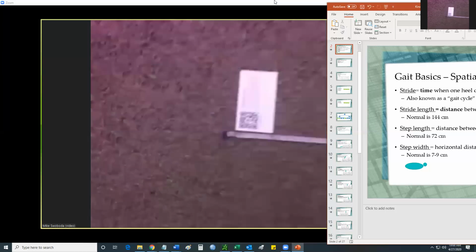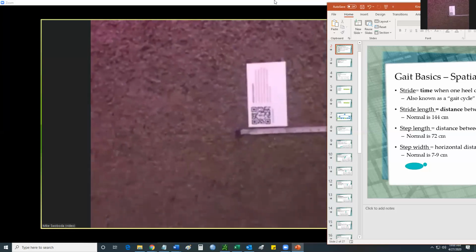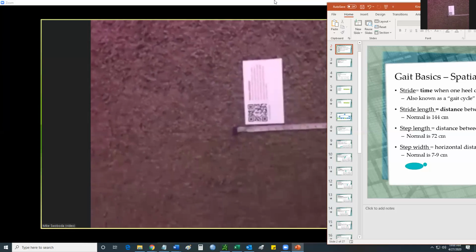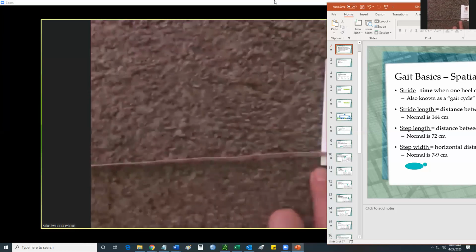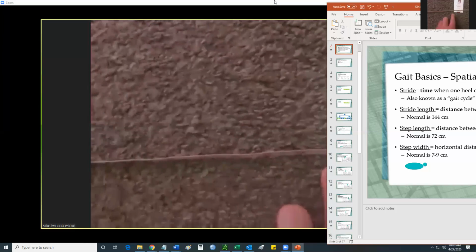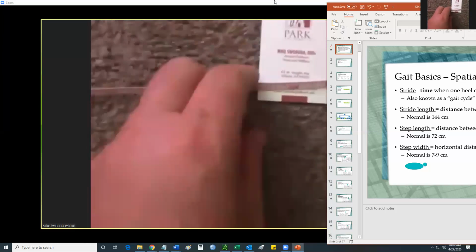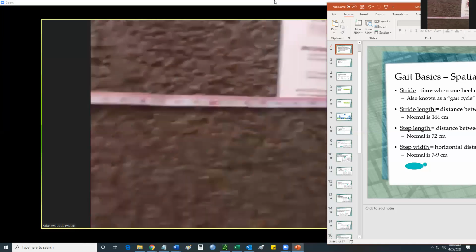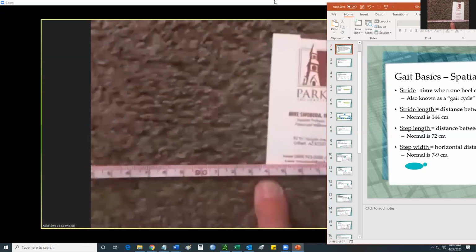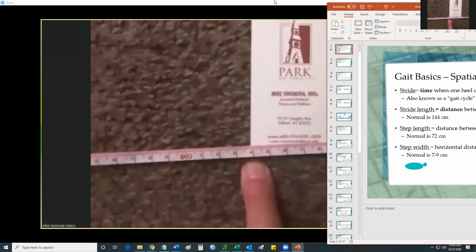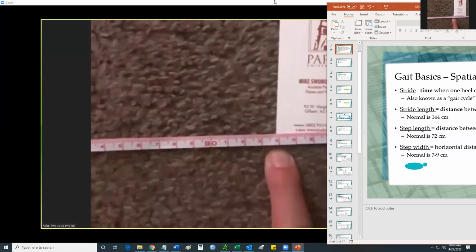So I want to go from the front of the card on my lead foot to the front of the card on my back foot. And for myself, right about here, you can see I'm at roughly 94 centimeters.